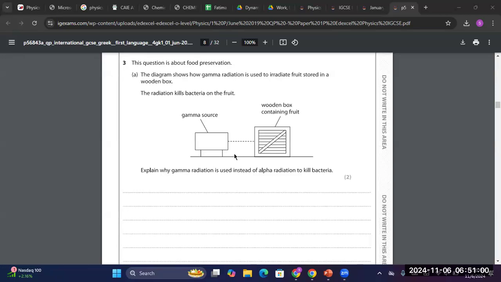The diagram shows how gamma radiation is used on food stored in a wooden box. The radiation kills bacteria on the fruit. Explain why gamma radiation is used instead of alpha radiation to kill the bacteria. Shreya, can you tell me why I'm using gamma radiation and not alpha radiation?